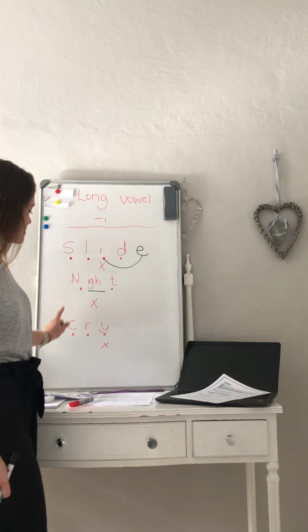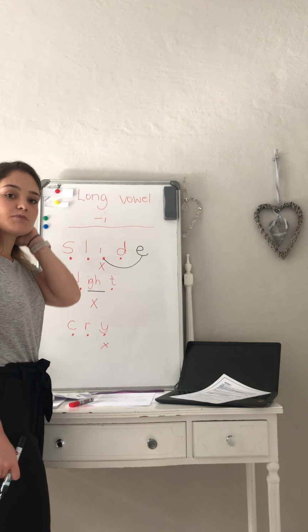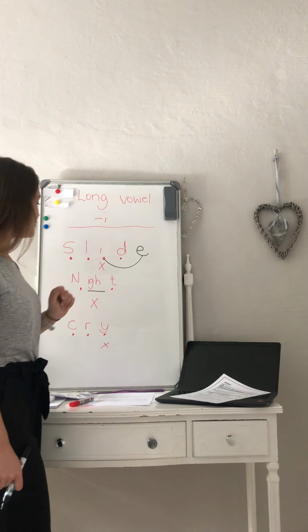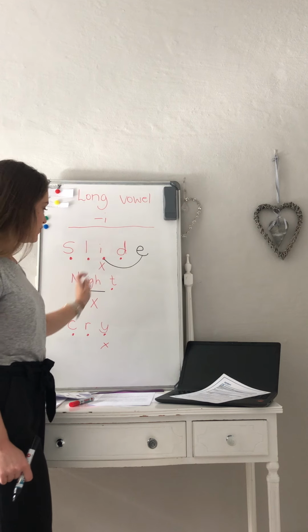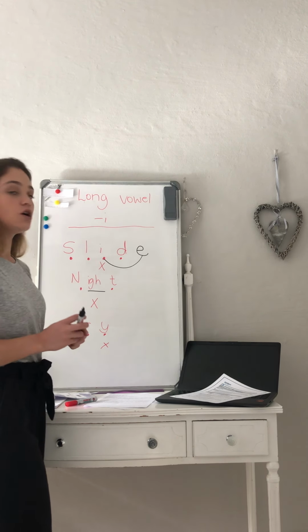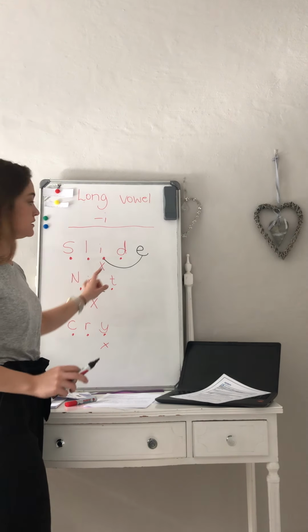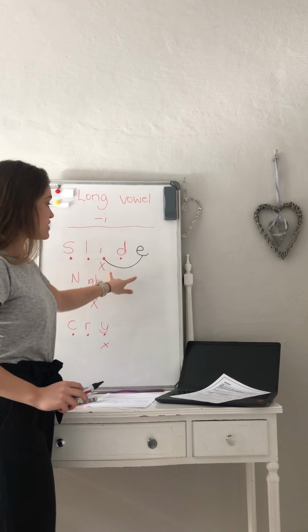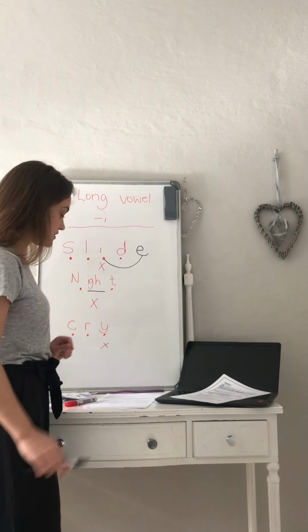So boys and girls, do you see that if it is at the end, it is spelled with a Y, and if it is in the middle, it can either be a smiley or a line? Okay, so let's practice. Let's have a look with more words at what we've learned. That if it's in the middle with an I, it's either going to have a smiley or a sound line, or if it's at the end, it's got a Y. So let's have a look.